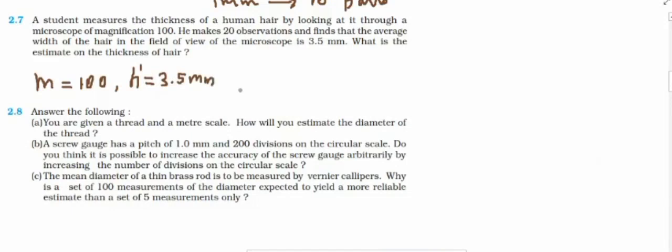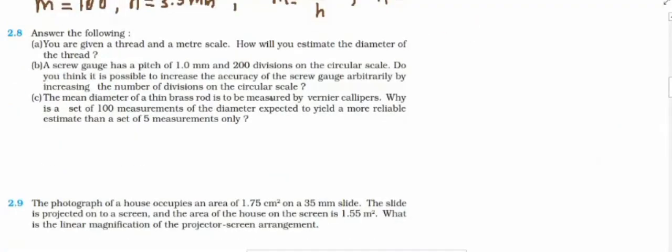What is the estimate of the thickness of the hair? You know the formula, M is equal to H dash by H. Cross multiply the equation and find the value of H, the size of the object.